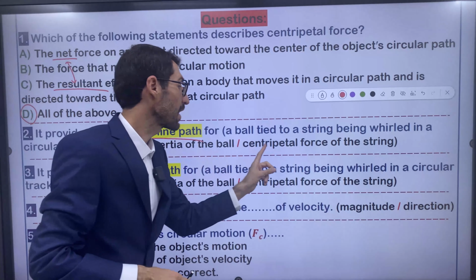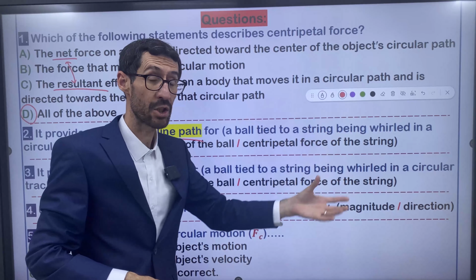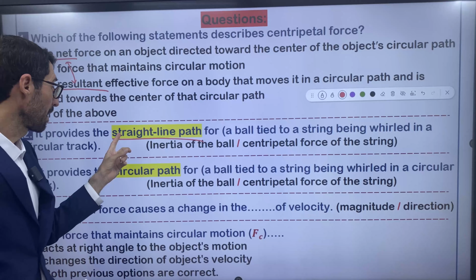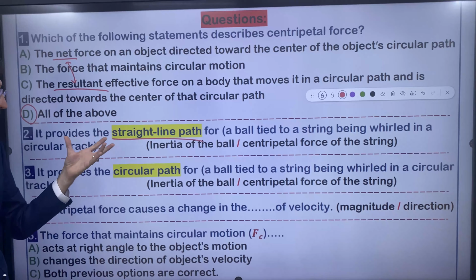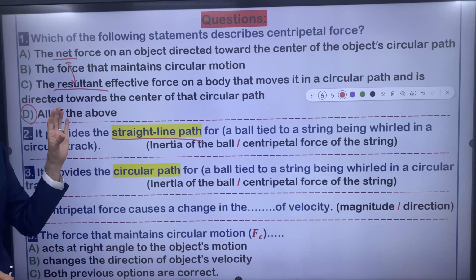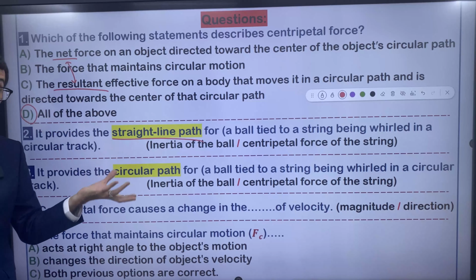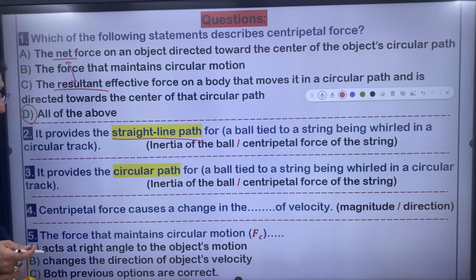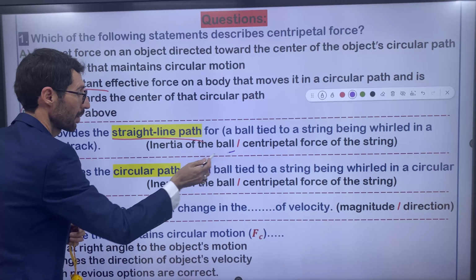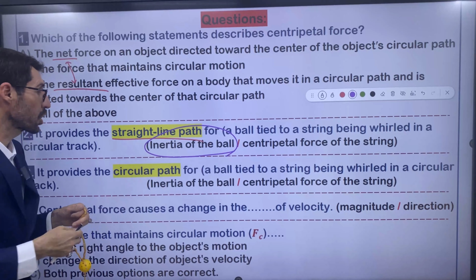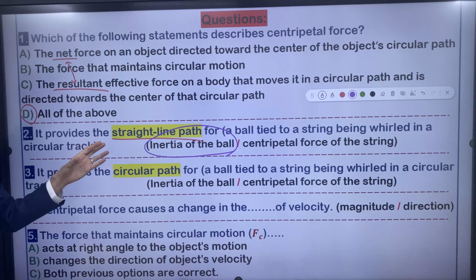Or is centripetal force of a string in charge of giving the ball a straight line path? So which one? I'm sure you know the answer, and the answer is inertia, right? Inertia of the ball is in charge of giving the ball a straight line path.